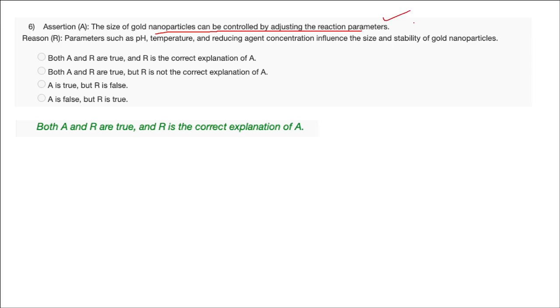This is completely correct, because by adjusting the concentration of the precursor, the strength of the reducing agent, and the capping agents, we can control the size of gold nanoparticles. There are different parameters such as pH, temperature, and reducing agent concentration. All of these influence the size and stability of gold nanoparticles. So yes, the correct answer is both A and R are true, and R is the correct explanation of A. This one.